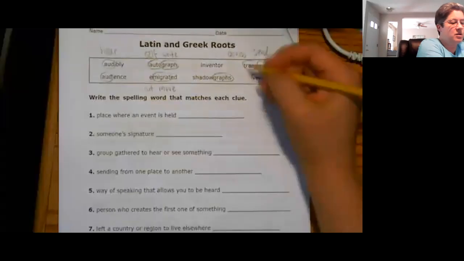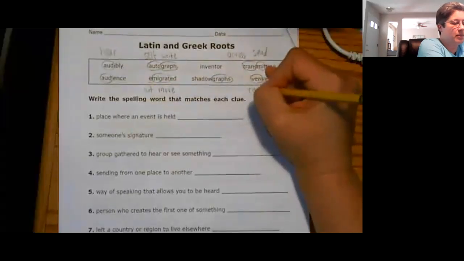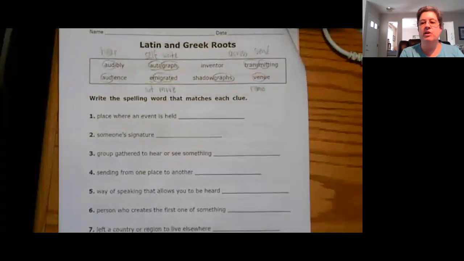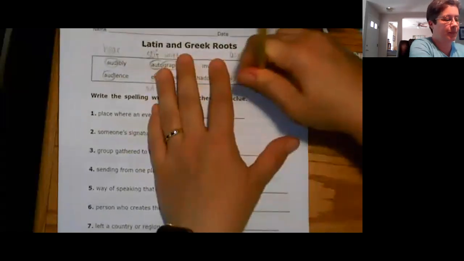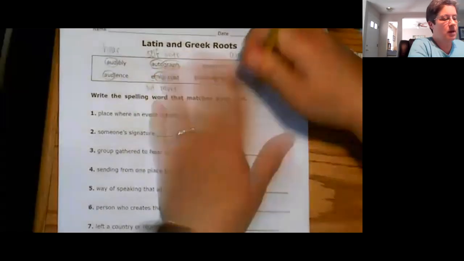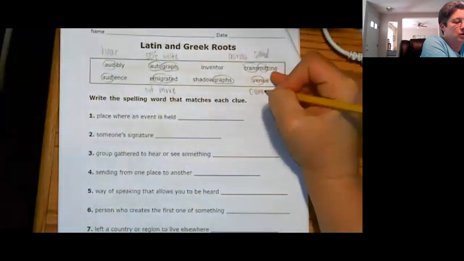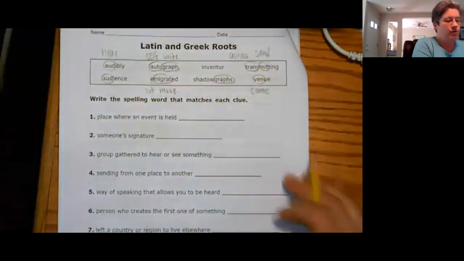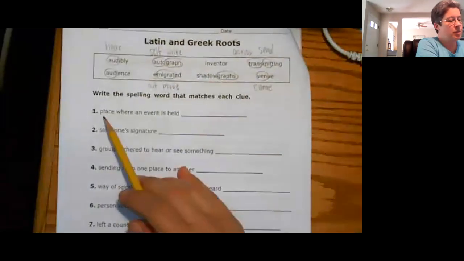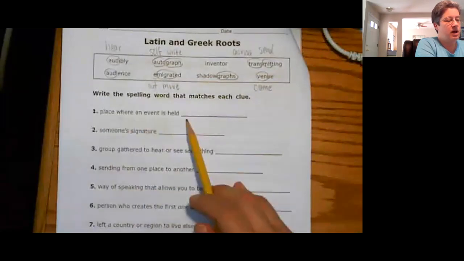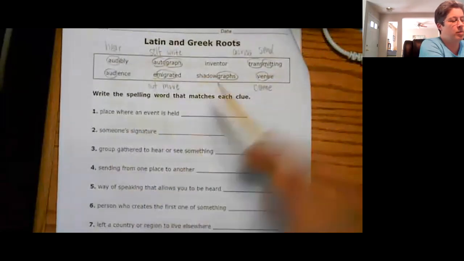All right, so I looked it up, and ven means to come. Just like in Spanish, when somebody tells you ven, they want you to come. So I'm going to do the clue for this first one. Venue is a place where an event is held because it's the place where people come.